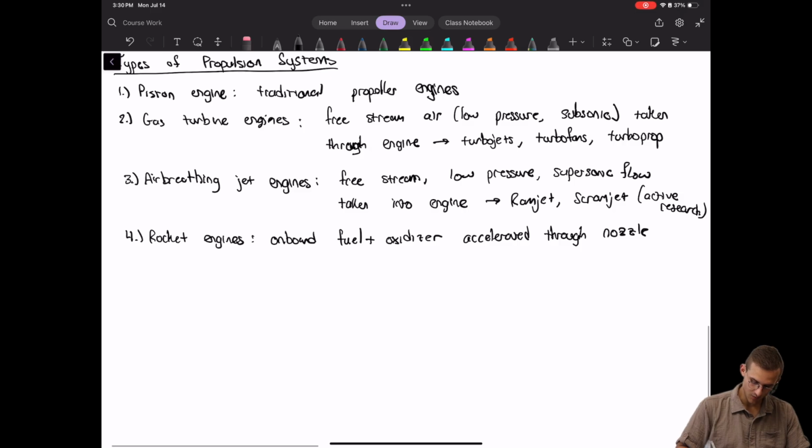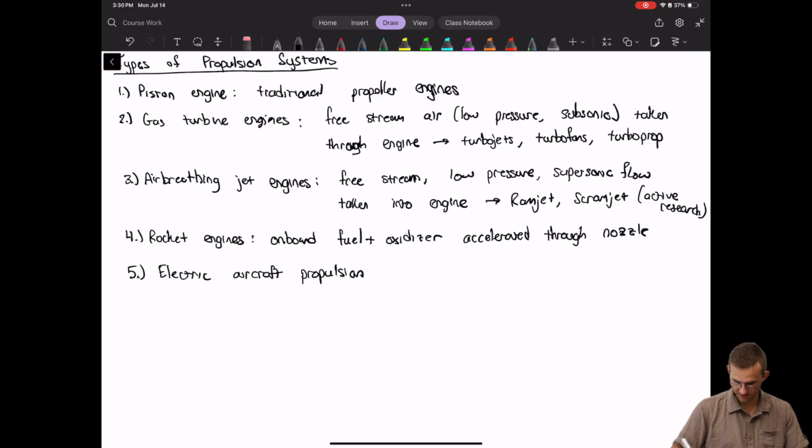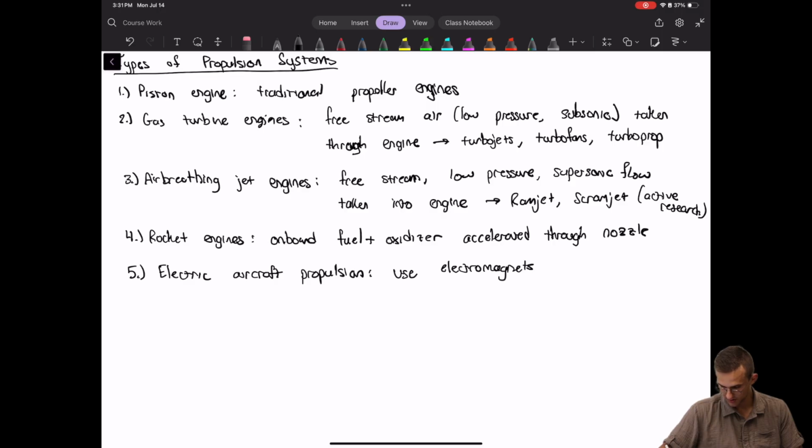And then there's one more type of propulsion system, which you would just call electric aircraft propulsion. Really, you use electromagnets to turn propellers, and this is like a drone.